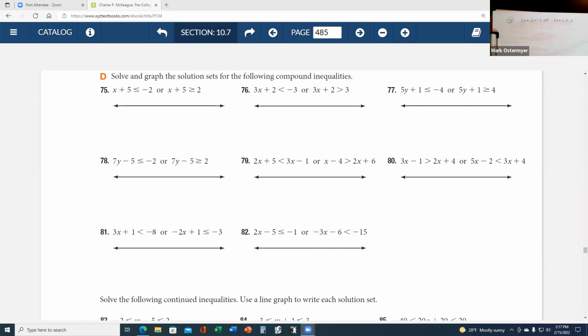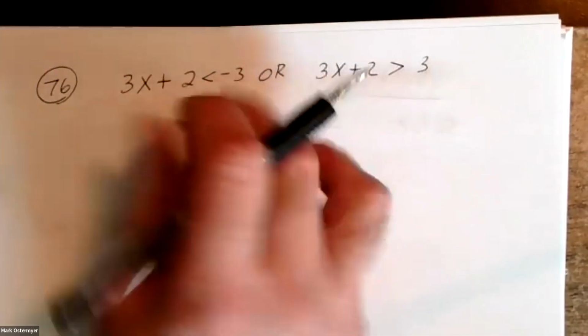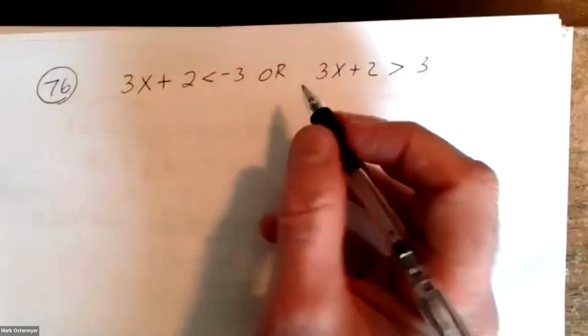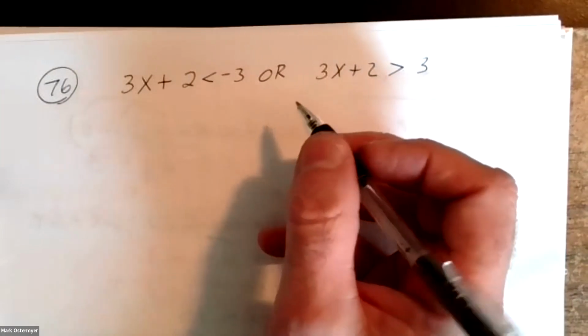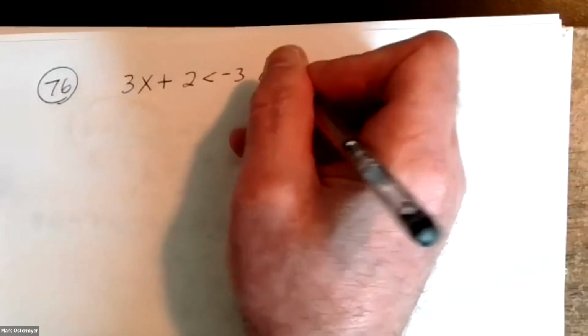To solve this compound inequality, we're going to have to solve each of these inequalities individually. And then in the end, or means to join the sets together. Or means join.